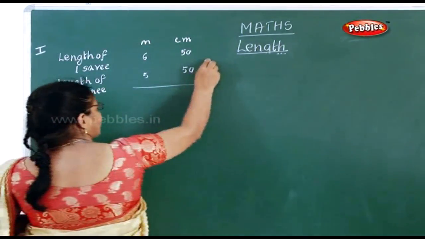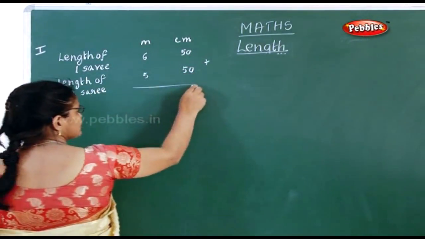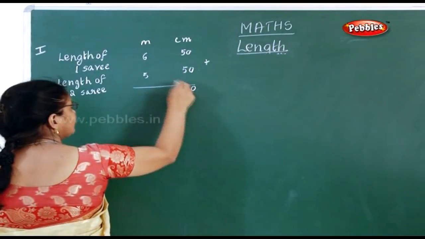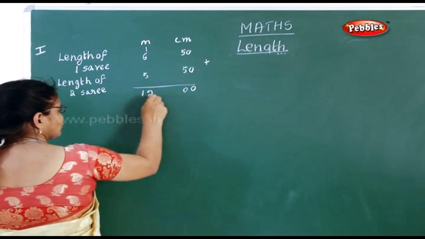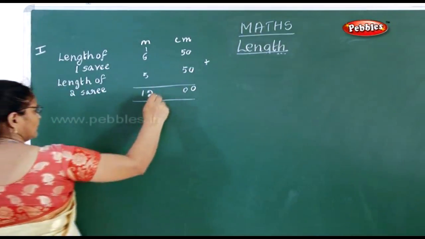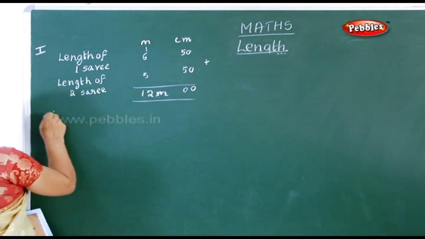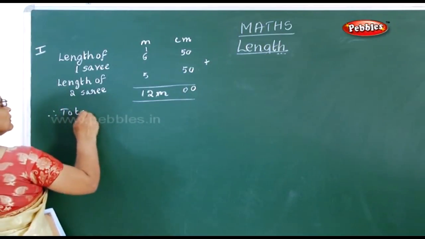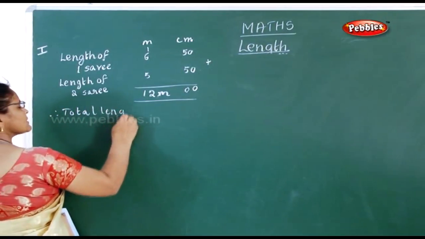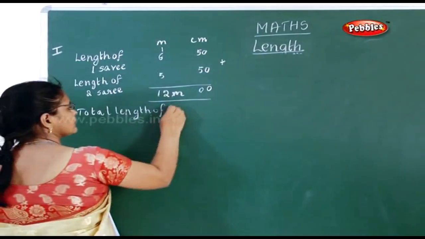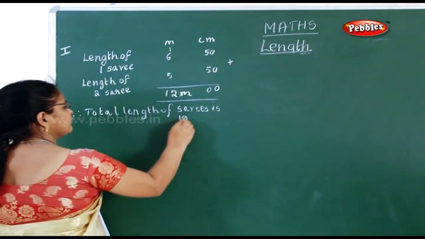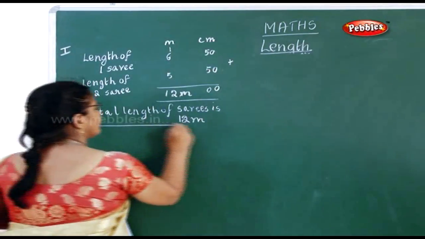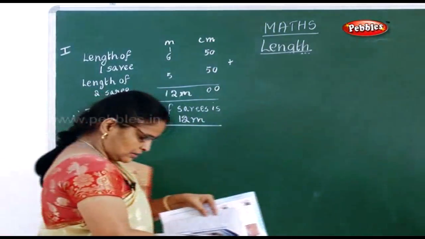So, immediately you have to put plus here. So, 0 plus 0, 0, 5 plus 5, 10, 1, 6 plus 1, 7, 7 plus 5, 12. Therefore, the total length of the saris is 12 meter.